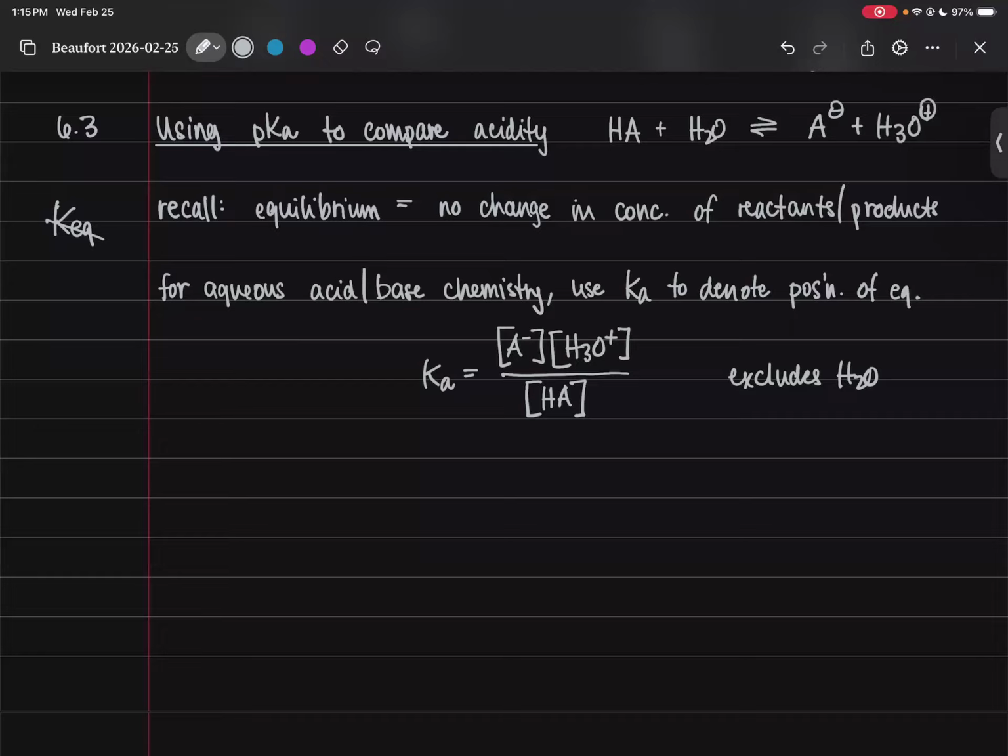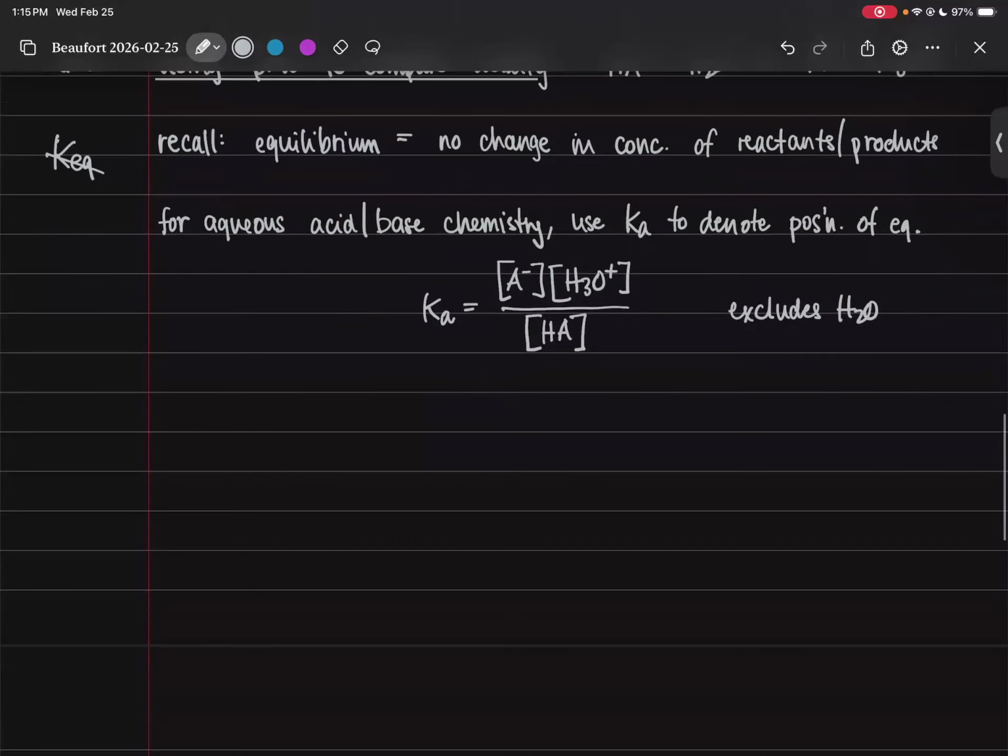So you could put actual values in here and find a Ka. Generally speaking, people have already done that for us, and so we're going to need to use a table of values. So generally speaking, Ka ranges from 10 to the minus 50 to 10 to the plus 10.